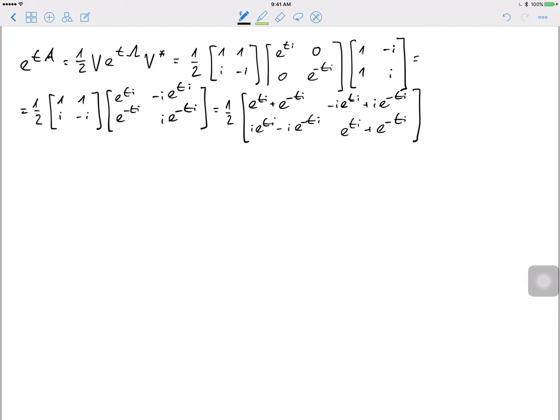So how to turn this mess into something useful? Any ideas? So far it looks terrible, right? Sometimes when you do math, you get into something where it's not going to be helpful. Exactly. Euler's formula. That's exactly what we are going to use. So what is Euler's formula?